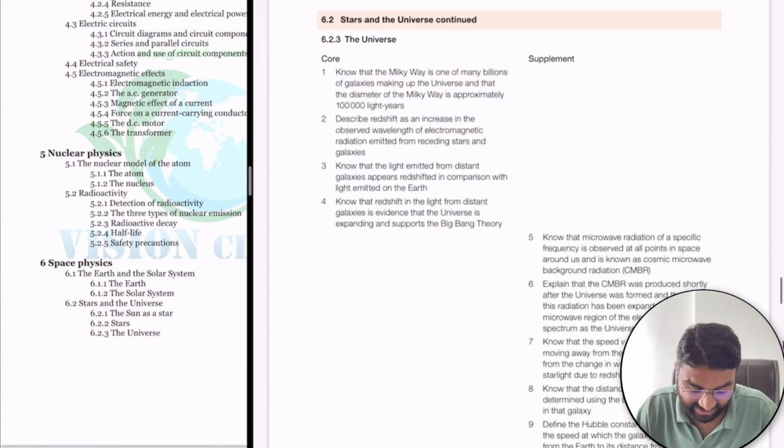Then next, the universe. This one is the last concept in space physics. So the universe, Milky Way, red shift, then light emitted from distant galaxies.